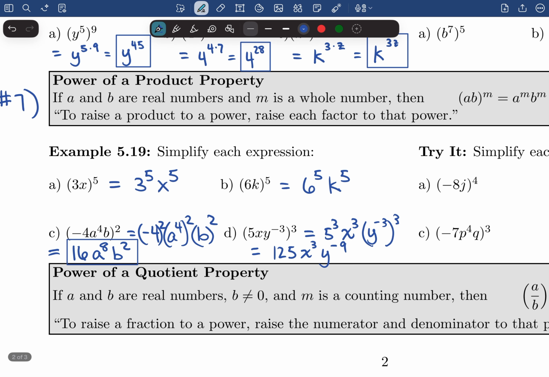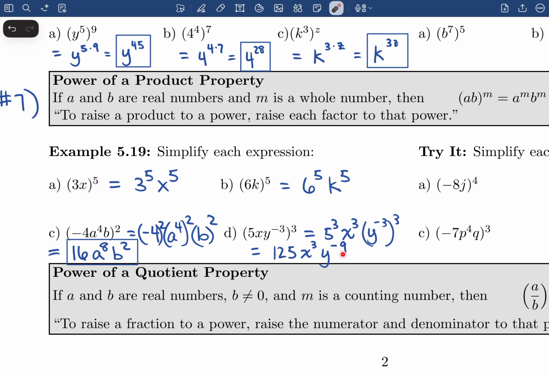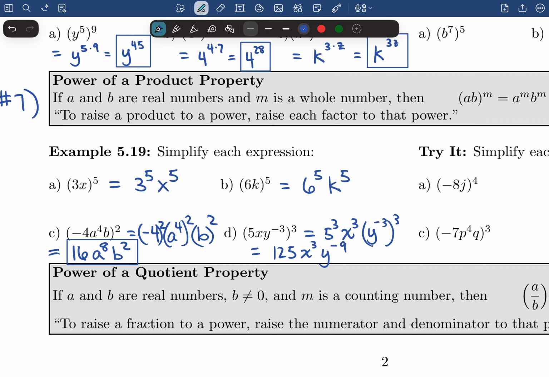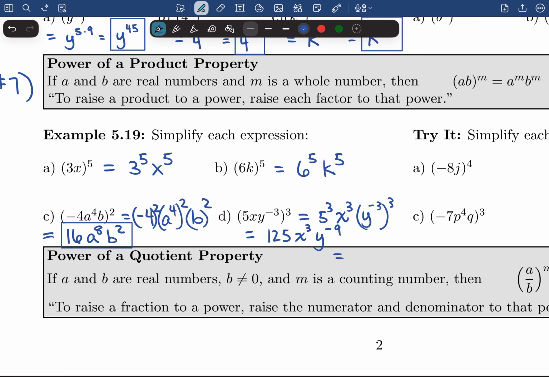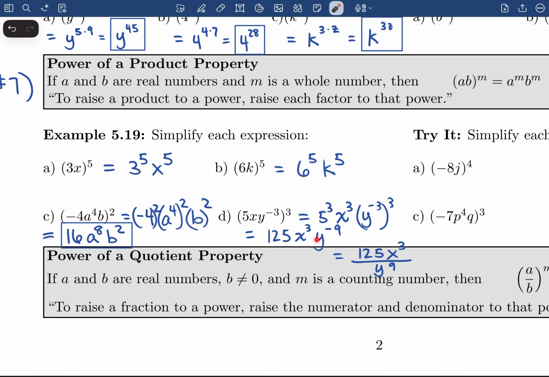At this point, I do not want to have a negative exponent as a result. So we'll take this just one step further, and we'll write it as 125 times x to the 3rd divided by y to the 9th. What I did was I took the reciprocal of y to the negative 9 to turn it into y to the positive 9.